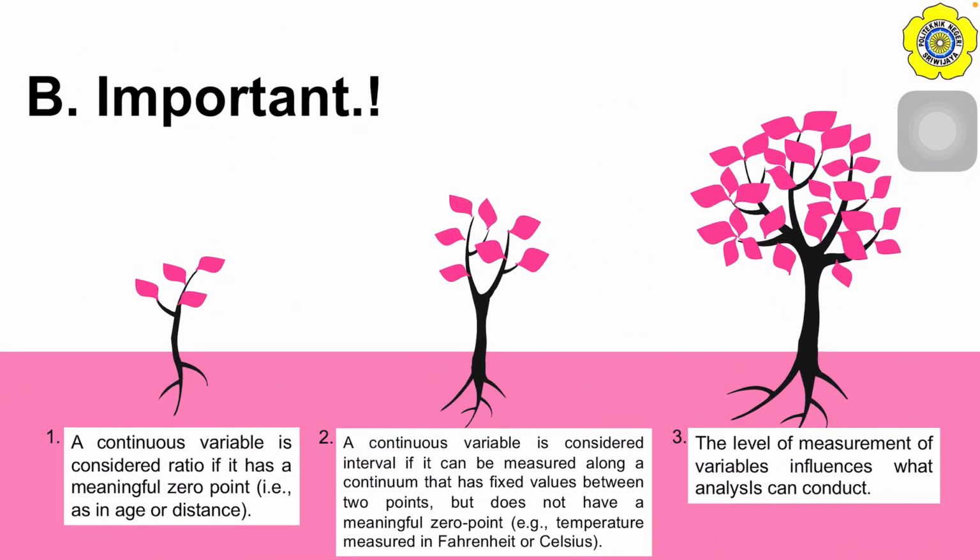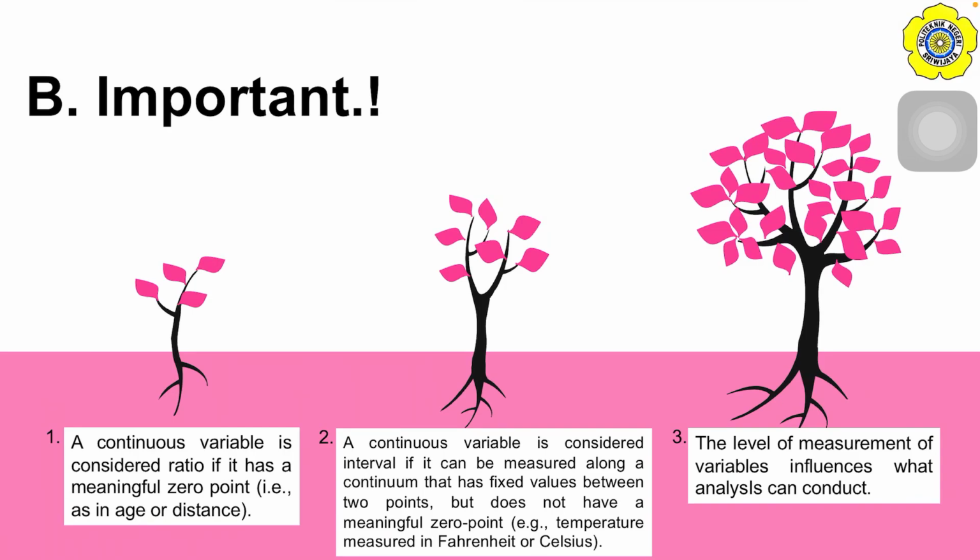What is important to remember when we use these types is, first, a continuous variable is considered ratio if it has a meaningful 0 point. For example, when we face the variable of age or distance. And the second is that a continuous variable is considered interval if it can be measured along a scale but doesn't have a meaningful 0 point.